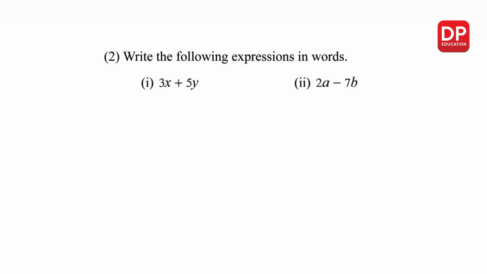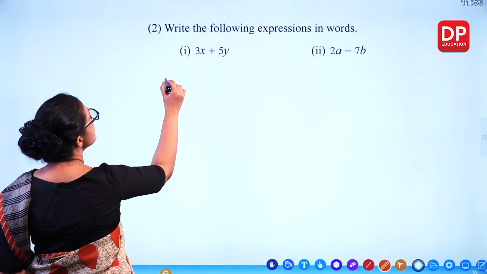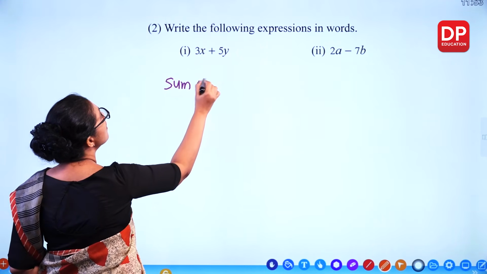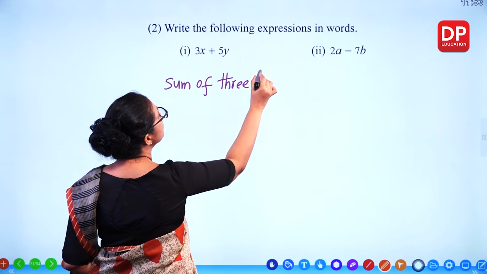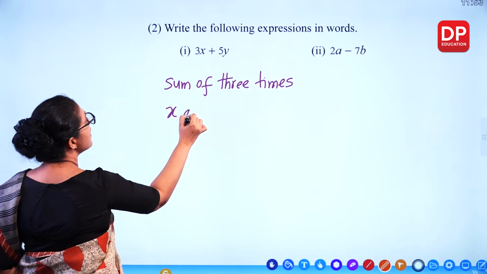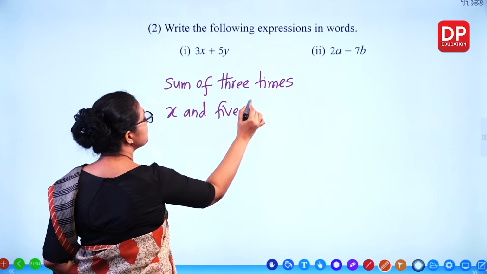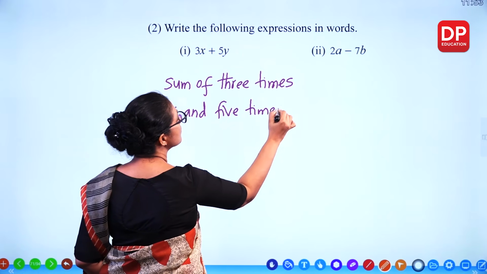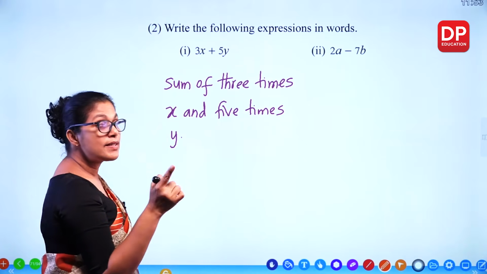Write the following expressions in words. So we can write, this is addition: sum of 3 times X and 5Y, 5 times Y. Now it's a difference.